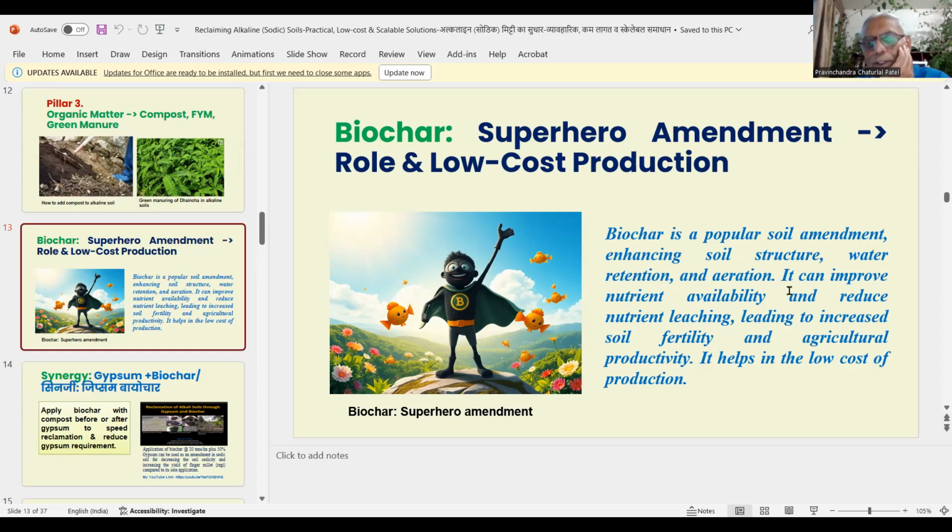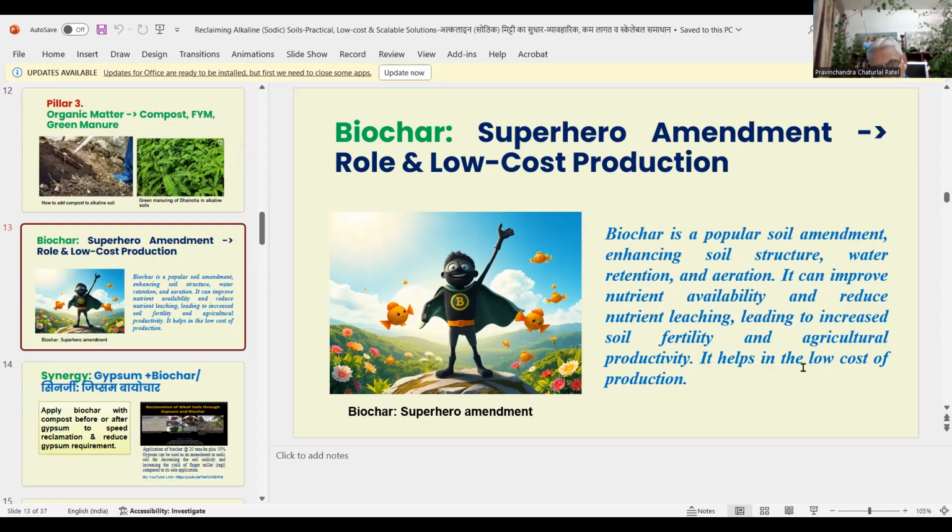So it is a cartoon. Biochar is a popular soil amendment, enhancing soil structure. It improves the soil structure and water retention, and it increases the infiltration rate and aeration. It can improve nutrient availability and reduce nutrient leaching, leading to increased soil fertility and agricultural productivity. It helps in the low cost of production.